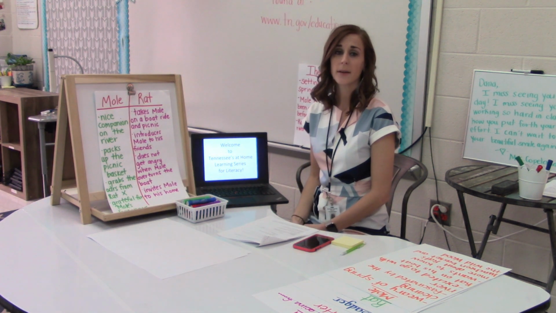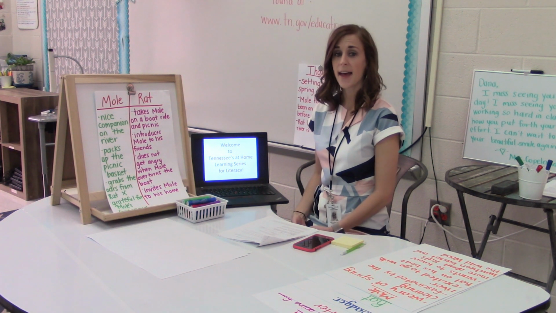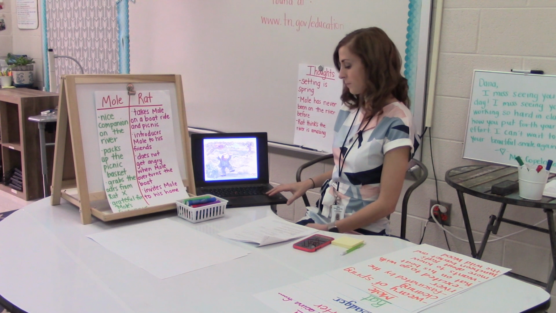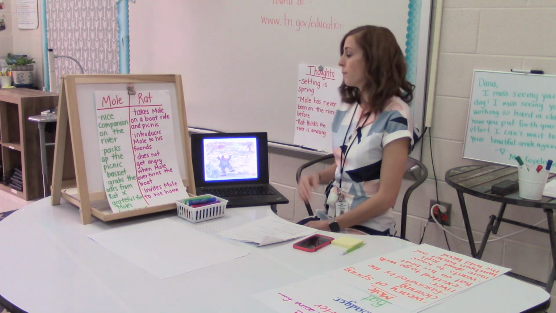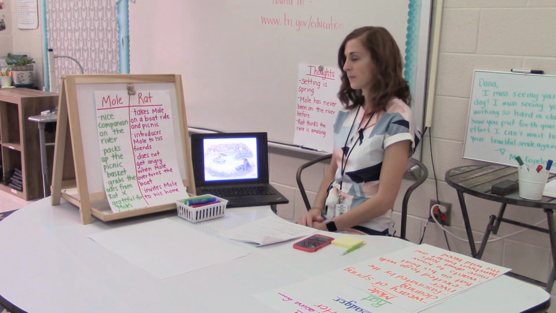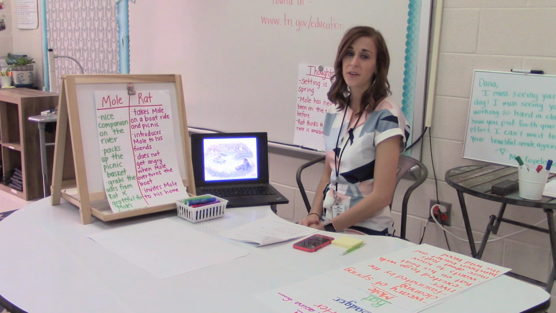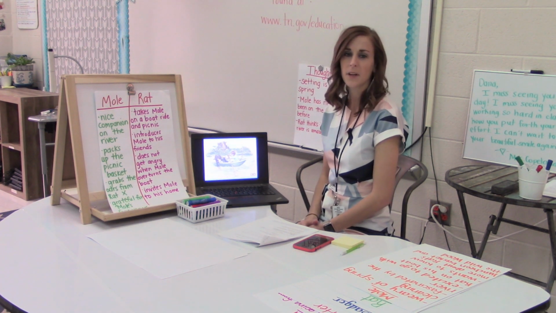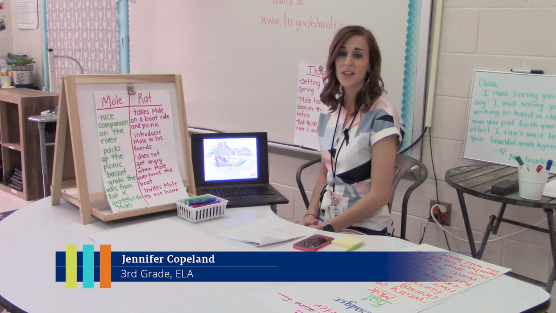Let's think about some of the plot or events from the previous read-alouds. Mole grows weary of spring cleaning and leaves his burrow to go above ground. He meanders along the river and meets Water Rat. Water Rat tells Mole about life on the river as Rat rows along the river.